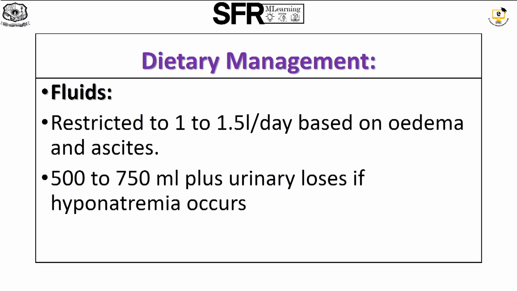Generally the fluids are restricted to 1 to 1.5 liters per day based on the edema and ascites condition. So the fluid should be properly maintained based on the urinary output. If there is a renal dysfunction or if the chances of renal failure are high, we have to monitor the fluid intake very accurately to calculate the further fluids.